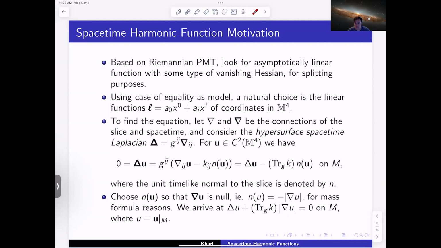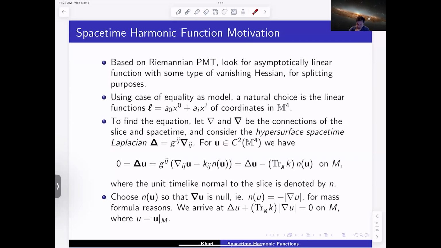Okay, so now we come to the main topic of the talk, the spacetime harmonic functions. The intuition is that the harmonic function approach is somehow analogous to the idea that you can split the manifold using the Hessian, so we're interested in splittings.